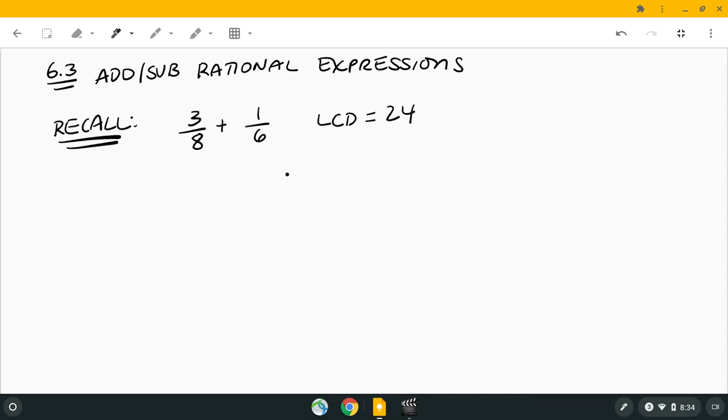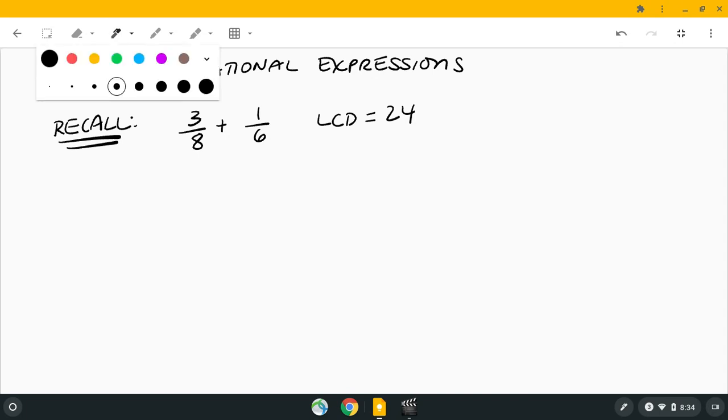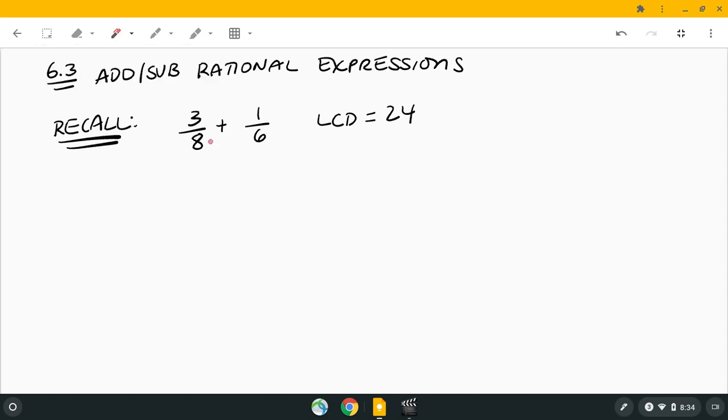And we see here that we don't have 24. So over here, in order for you to turn this into a 24, you would have to multiply by 1 written in the form of 3 over 3, right? So multiply by 3 over 3. And that would get you a 24 in the denominator.